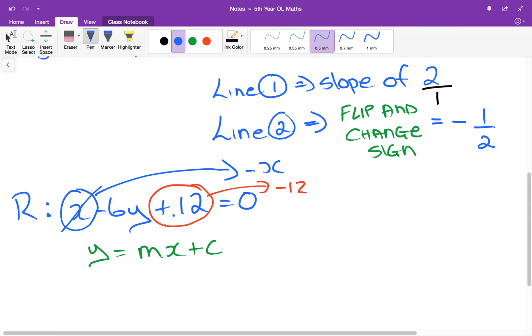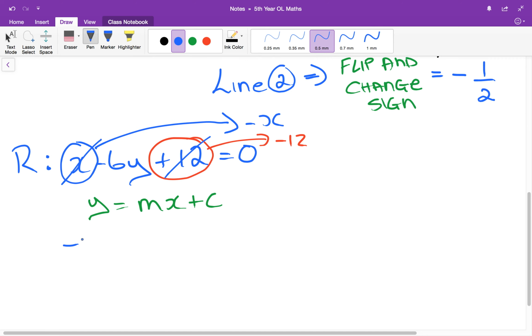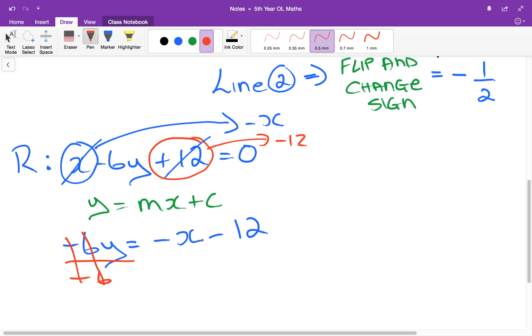So what we have is minus 6y equals minus x minus 12, and then we need to divide by minus 6. The minuses will cancel.